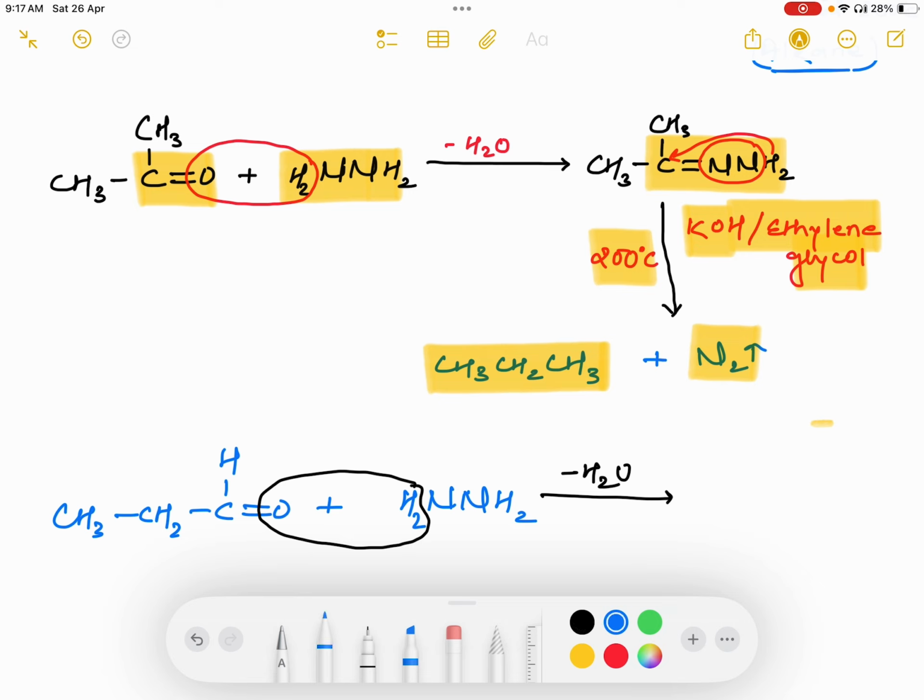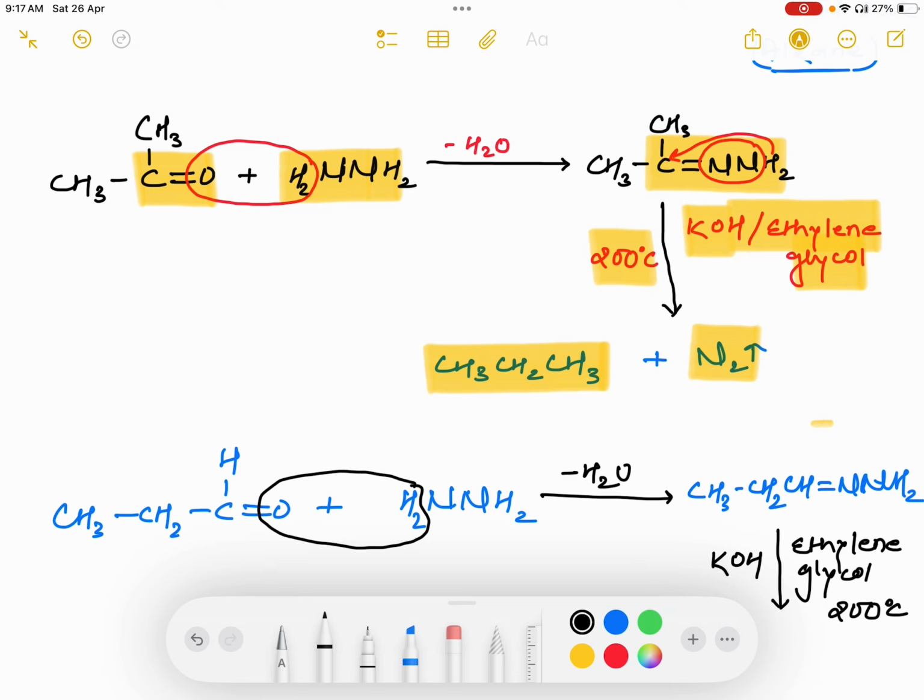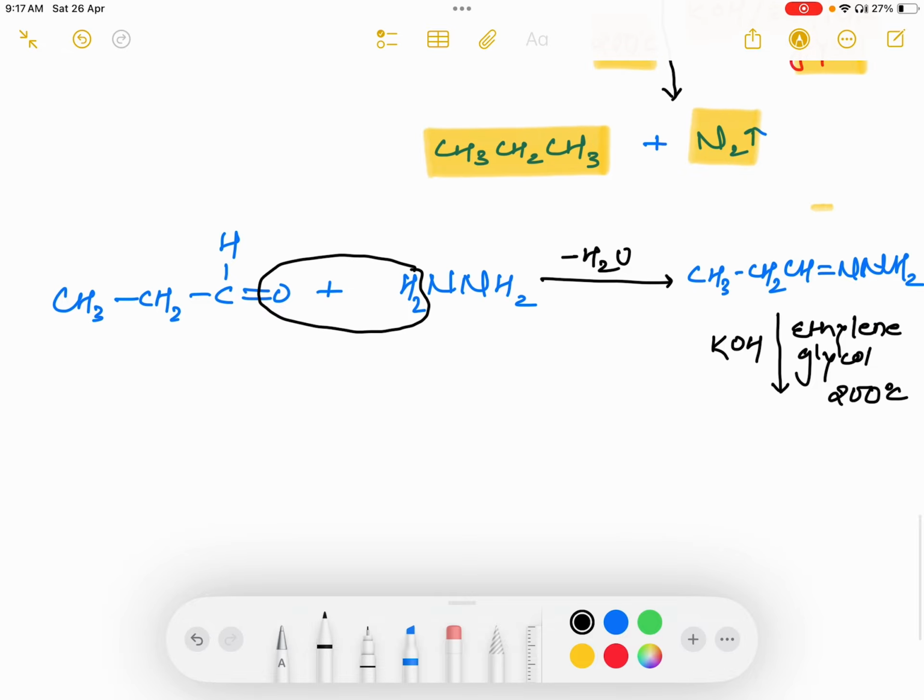The intermediate hydrazone formed will be CH3, CH2, CH double bond N and H2, and again it is being treated with KOH in the presence of ethylene glycol at nearly 200 degrees C. To make a product which looks like, again, this N2 will come out and these 2 hydrogens will come and attach right here.